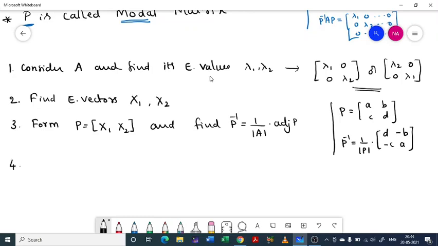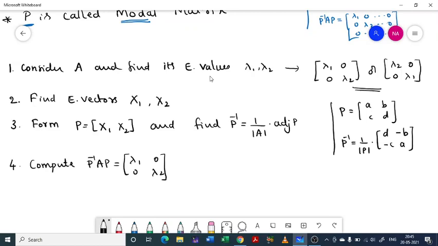So you have to form the matrix P and then find its inverse. And the fourth step, compute P inverse A P. And actually you must get a diagonal matrix whose entries are lambda 1 and lambda 2, if you take P equal to x1, x2.